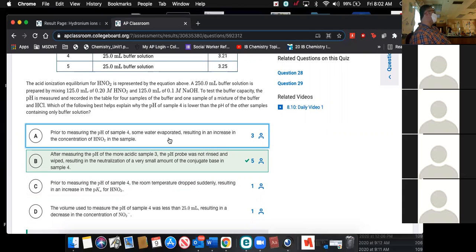Remember, we said that you can do it by molarity or you can do it by mole to mole in the Henderson-Hasselbalch equation, correct? So even if some water evaporates, it's not going to affect that ratio. The ratio is what's important. That's why we were able to change the ratio to use less of the chemical in the laboratory. As long as we maintain the same ratio, we were able to lower the amount of chemicals that we use.